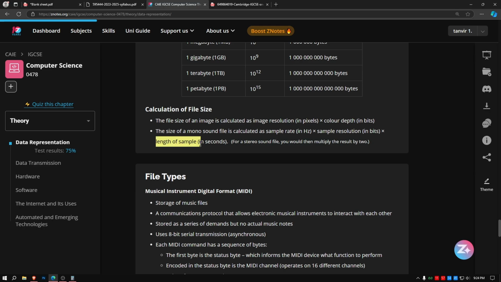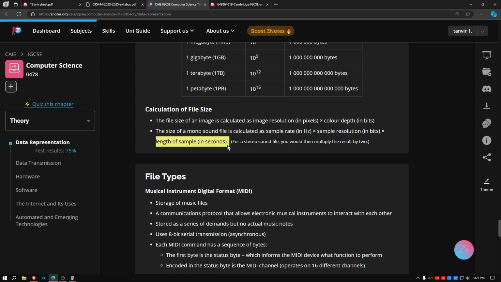And in terms of sound, there is a temporal aspect. What is the meaning of temporal aspect? So time is involved. The file size is increasing over time. If you think about an image, the image is a still image. It is not a video file. If it was a video file, then you would need to calculate multiple image file sizes, right?